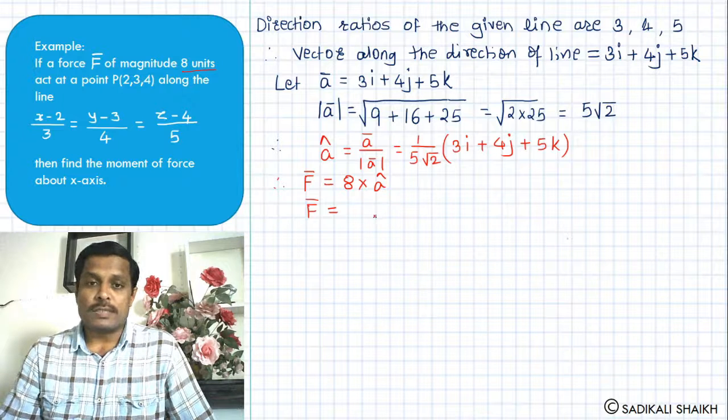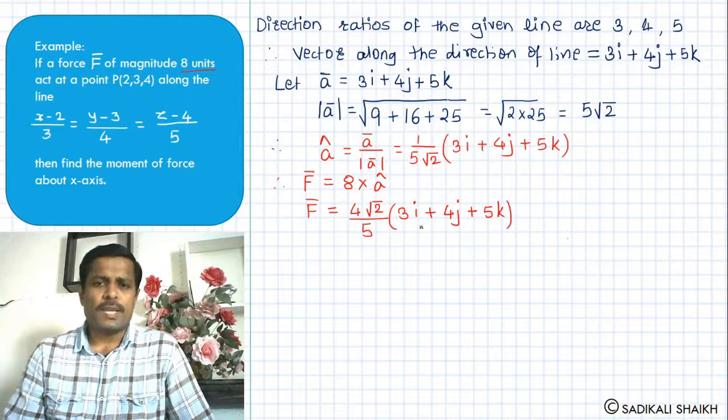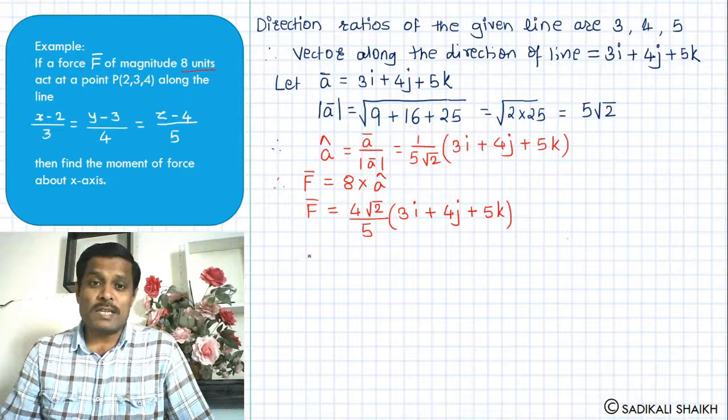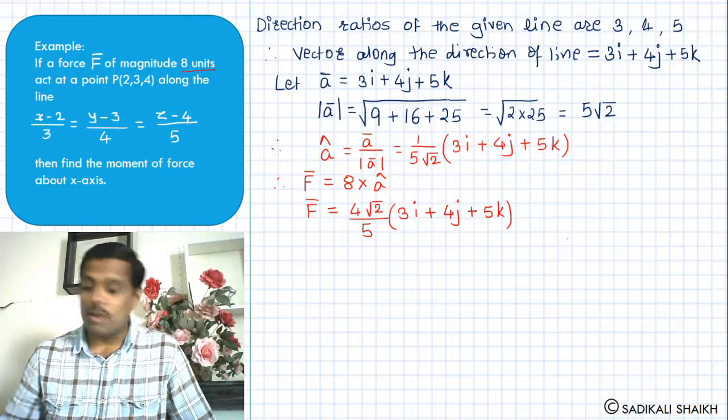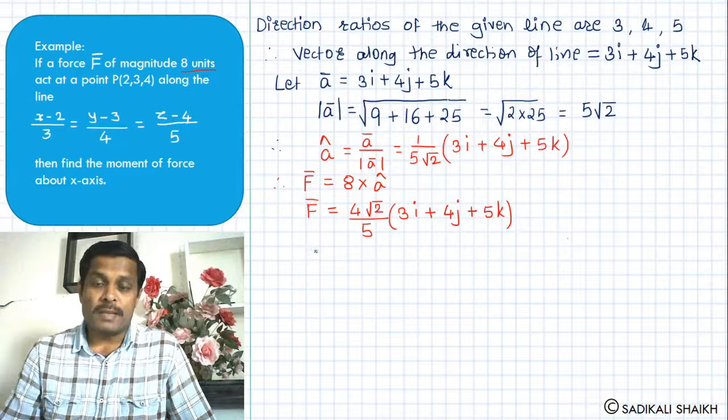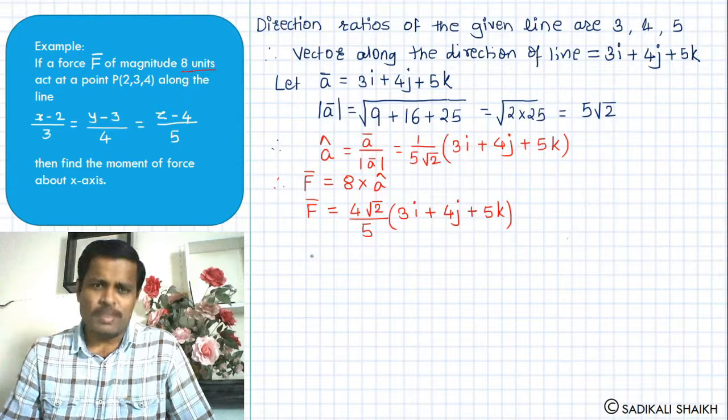You can easily calculate, 8 can be written as 4 into 2, and the 2 in the numerator will be divided by this root 2, so you will get 4 root 2 divided by 5, and these are the components 4j plus 5k. I am keeping it as it is. Okay, if you want to write it even better, then you can multiply the number outside into each component inside the bracket according to the distribution law and write every component separately, so it is better to write it that way.